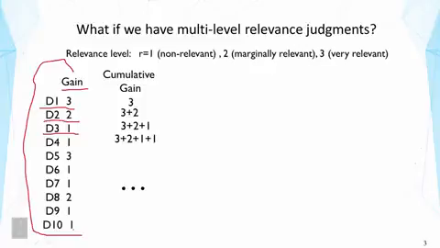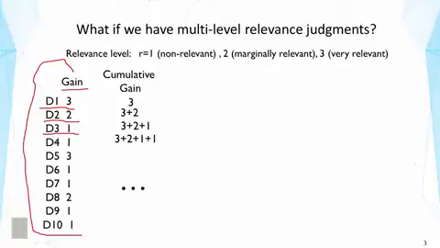Now in NDCG, we also have another letter here, D, discounted cumulative gain. So why do we want to do discounting? Well, if you look at this cumulative gain, there is one deficiency, which is it did not consider the rank position of these documents.